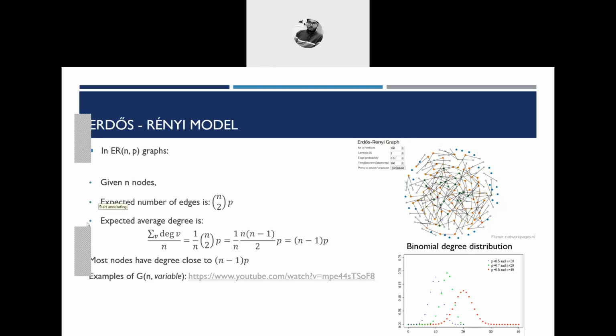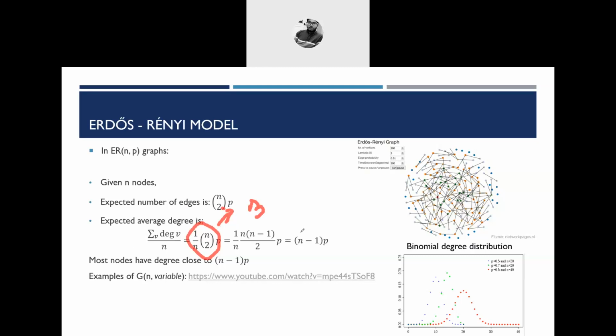From this equation here, I'm not going into the mathematics in detail, but in general, this is basically binomial in nature. Since it's a binomial degree distribution, in general it's not a very realistic function. Why is it not realistic?